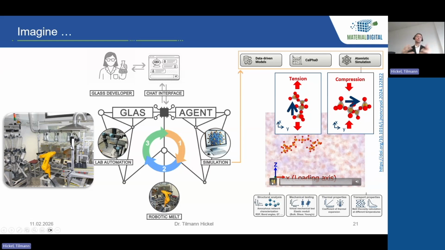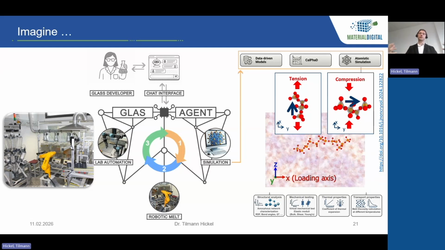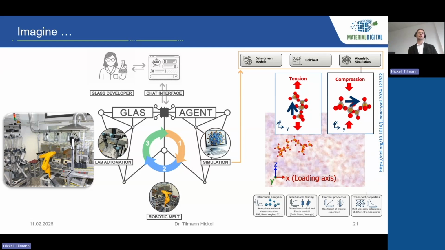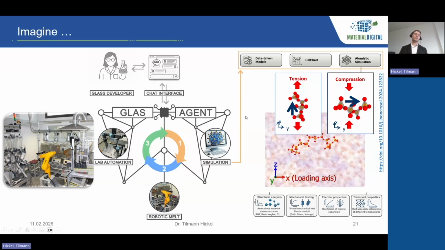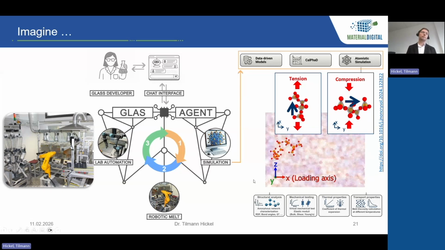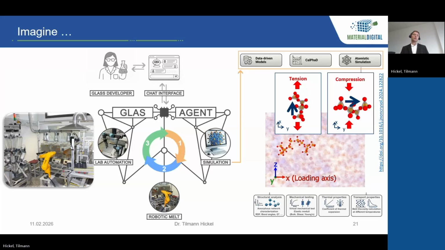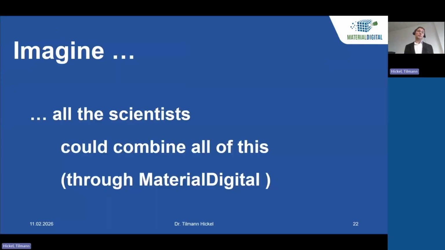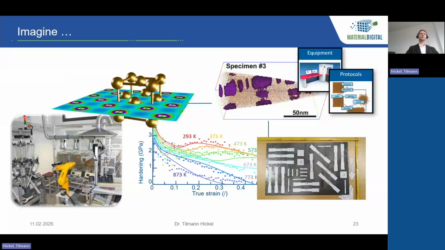And so you need to bring again completely different concepts together in one environment, and an LLM may help to guide you through this complexity. Imagine all the scientists, and now I'm again very general, could even say all the people, could combine all of this through Material Digital, bring all these different things together into one environment. How nice would this be?